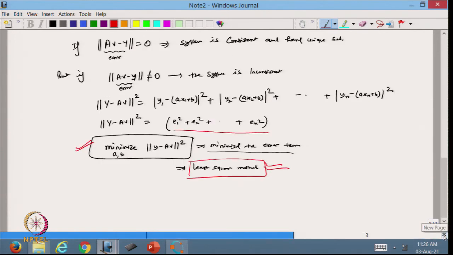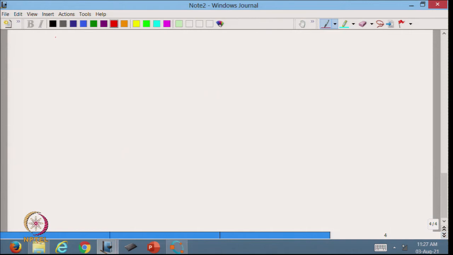So, let me give one example of how it is happening here. Suppose I take the points (1,1), (2,2), maybe (3,3), (4,4).